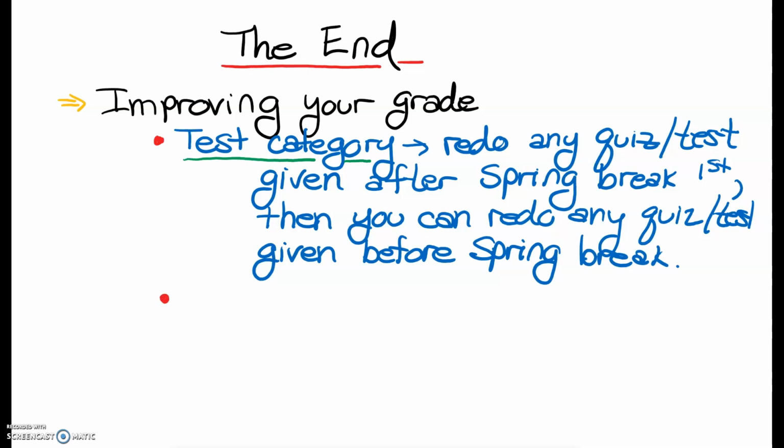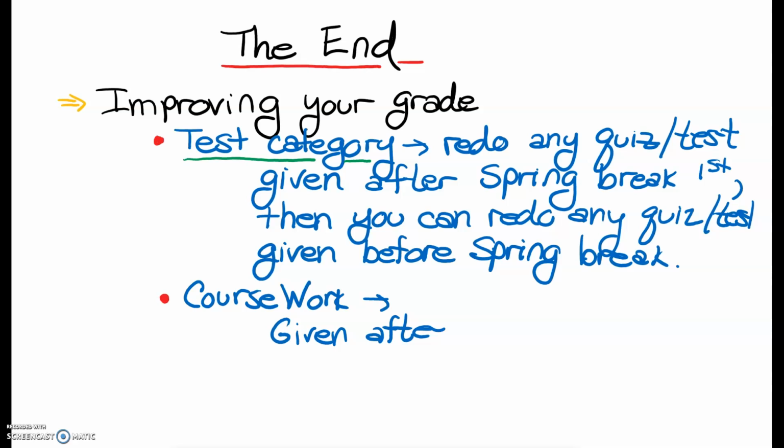Then what would be the next thing I would do? I would take a look at my coursework category. Again, you have to improve on assignments given after spring break. You have to improve on these first.